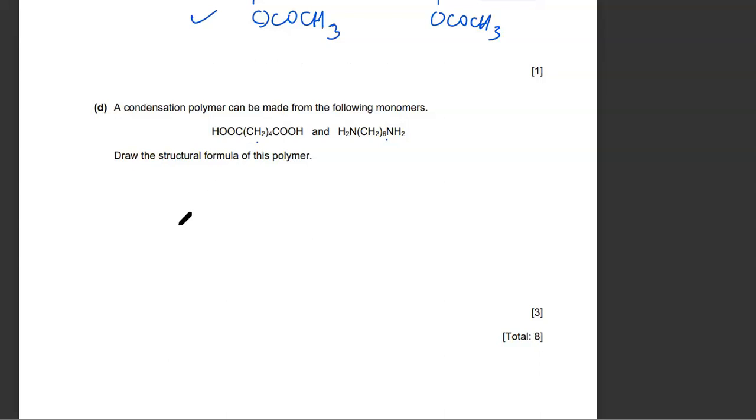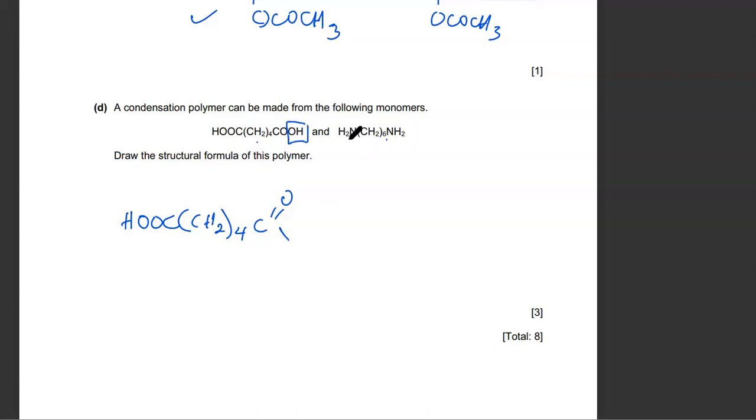So basically, if you remember what we looked at, let's still hold this on this side, right? We have the CH2, 4, C double bond O. You know that your carboxylic acid will always lose the OH, right?